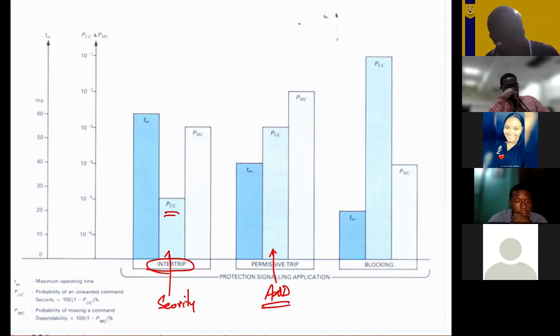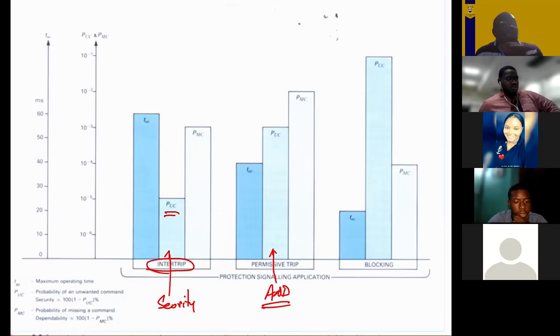Let me throw something back in the mix to make sure that everybody understands what is happening. Remember that the objective of all these trip schemes and all this communication, what was the objective? To get the relay at the other end to operate faster. Exactly.